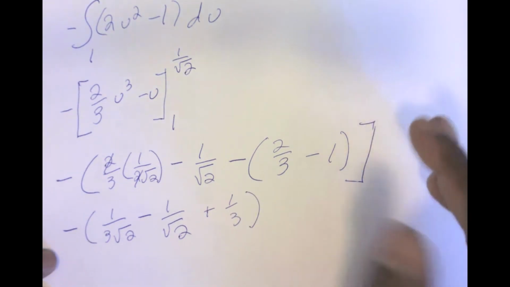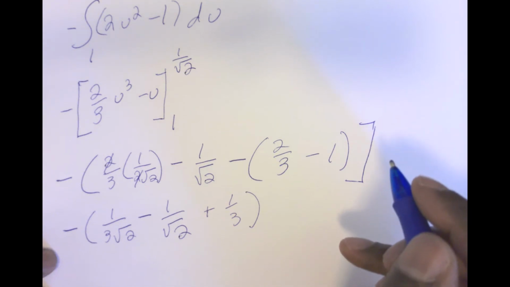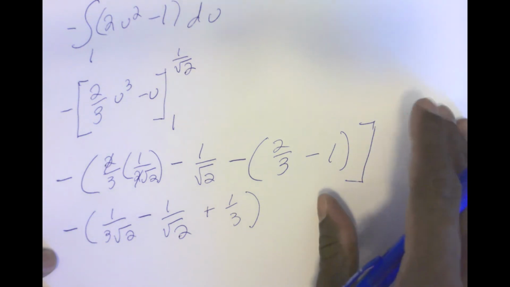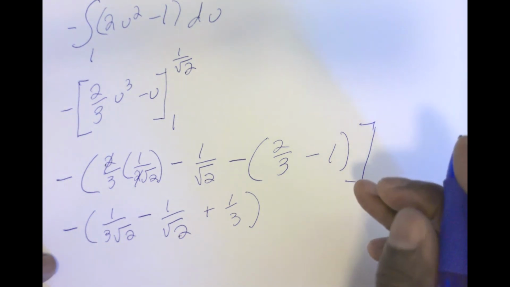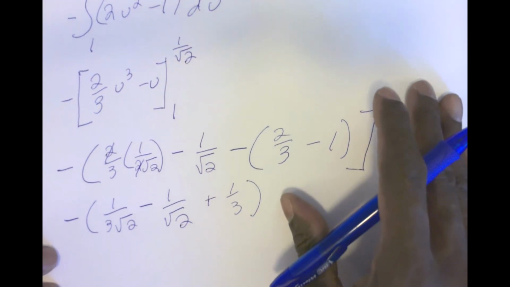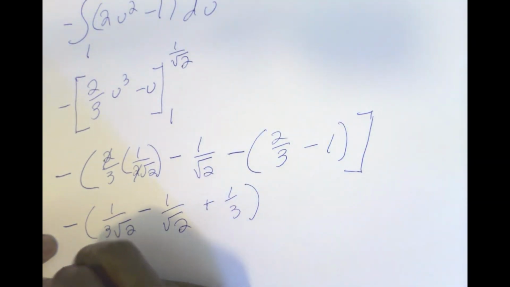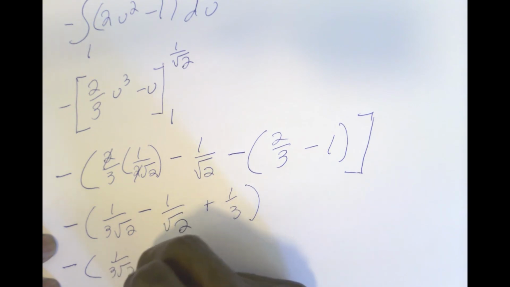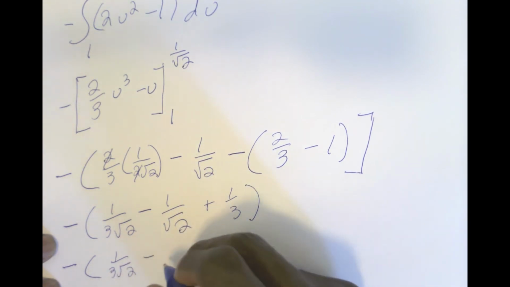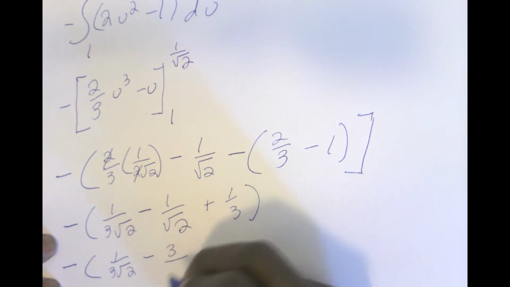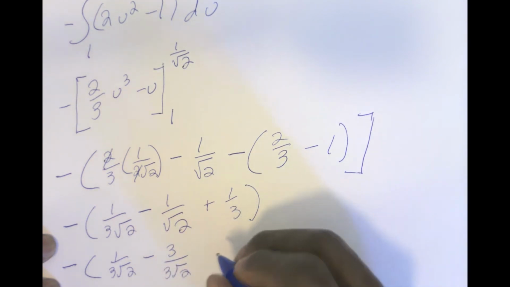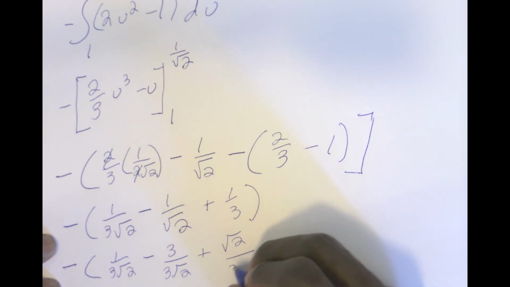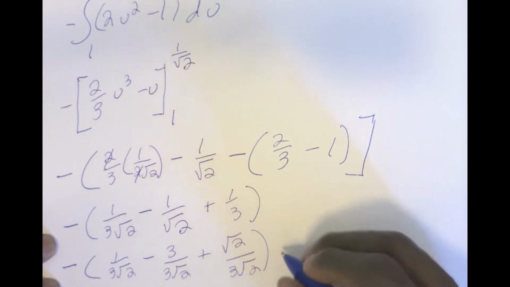Okay, cool. So let's make everything have a denominator of 3 times the square root of 2. And we still got this minus sign that we don't want to forget about. So we have 1 over 3 times the square root of 2 minus 3 over 3 times the square root of 2 plus the square root of 2 over 3 times the square root of 2.